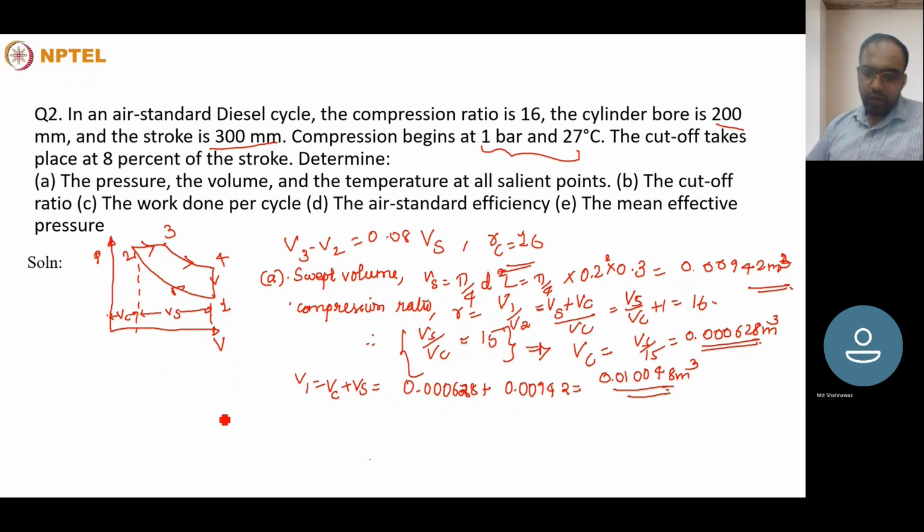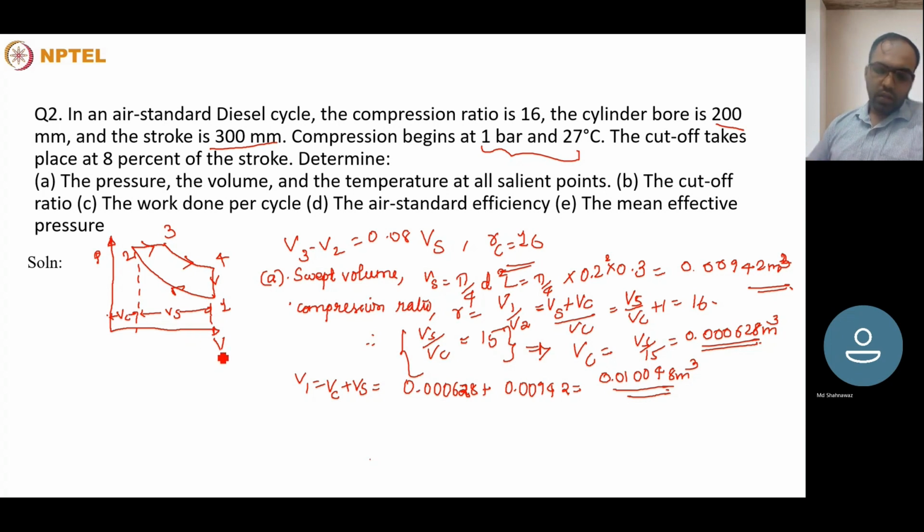And then we need to calculate the mass of air per cylinder at the start of the compression. That can be calculated by the formula PV by RT, considering air to be an ideal gas.